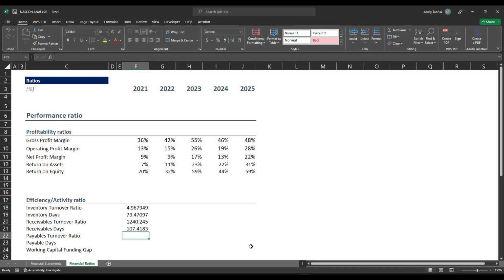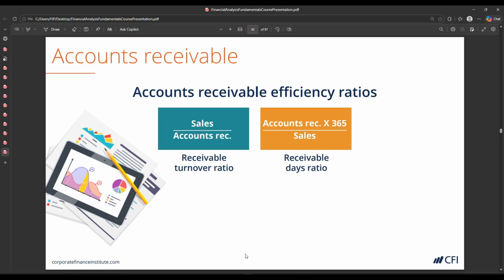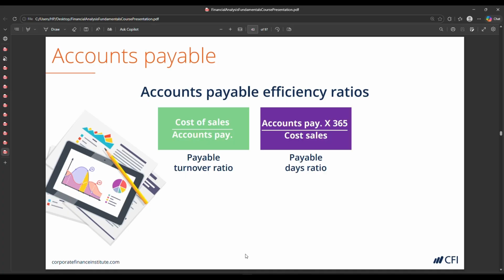So we'll go down to the last one, which we are going to be having here. Accounts payable efficiency ratio. So for accounts payable also, we have cost of sales divided by accounts payable, and accounts payable divided by cost of sales.